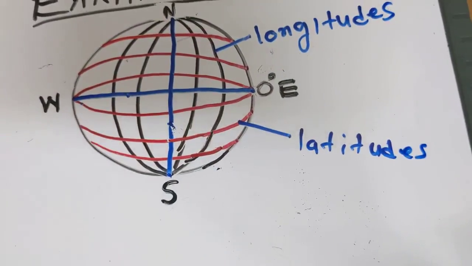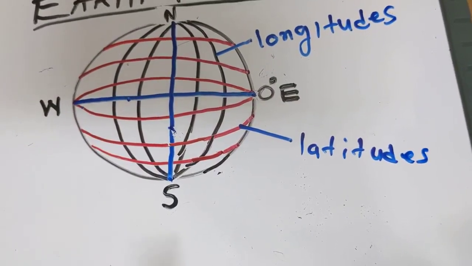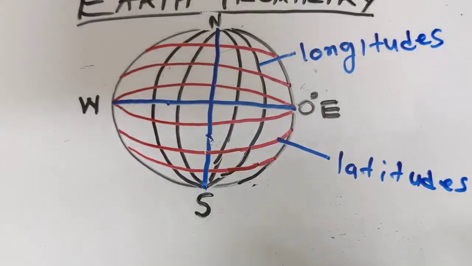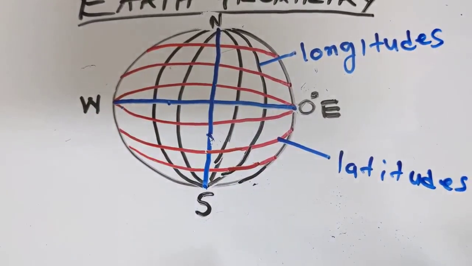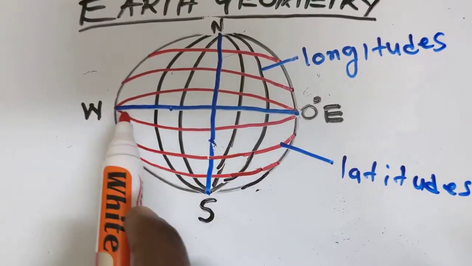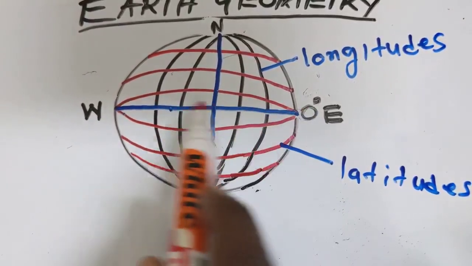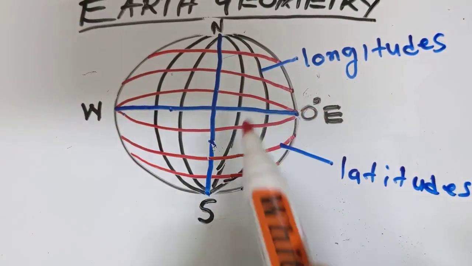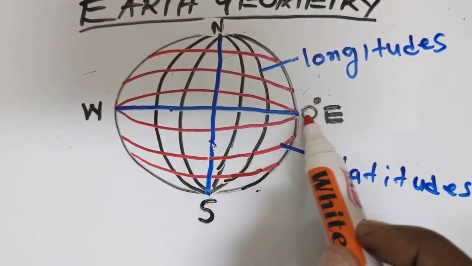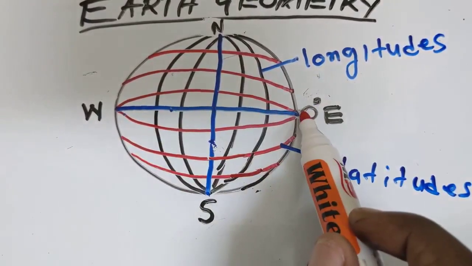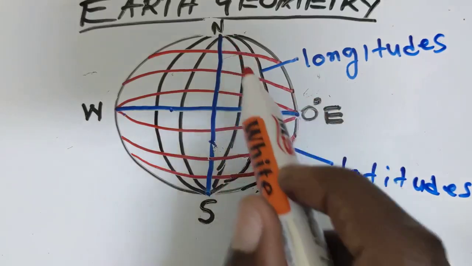Now, the thing that you're supposed to know again: you've seen that there is 0 degrees here, so the equator is 0 degrees. It starts from here, going up right there.